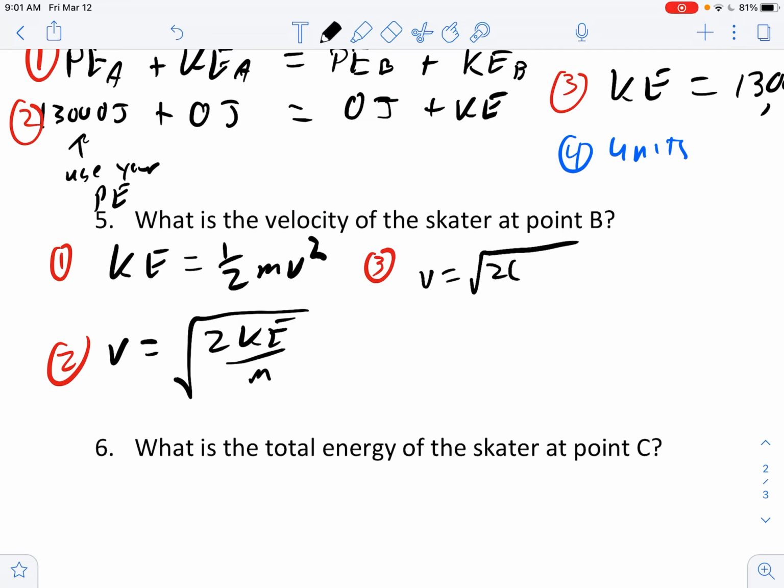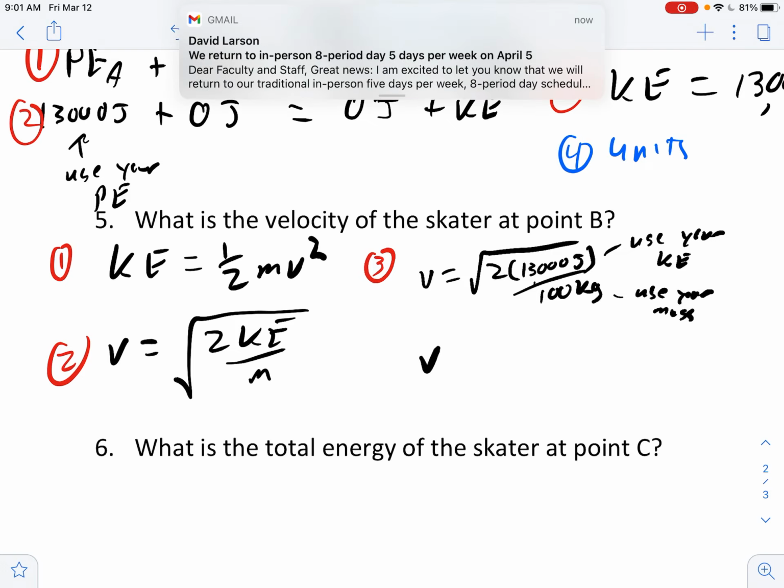You take 2 times your kinetic energy, 13,000 joules, divided by your mass, which for me was 100 kilograms. So use your KE and your mass, and close your parentheses there. So 2 times 13,000 divided by 100, rooted.